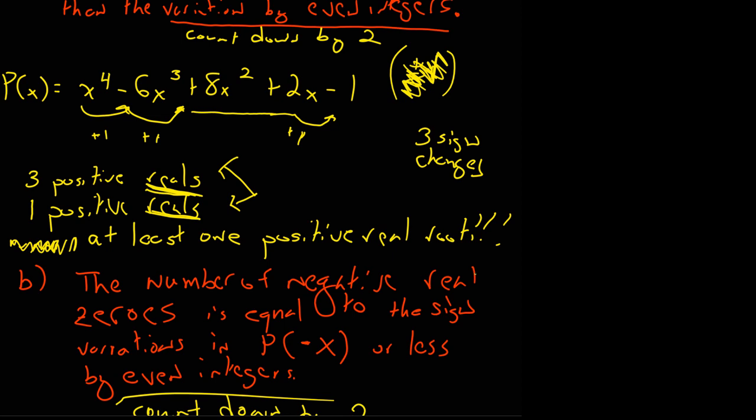So it was x to the fourth minus 6x cubed plus 8x squared plus 2x minus 1.